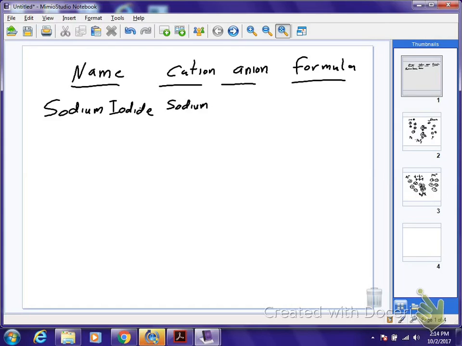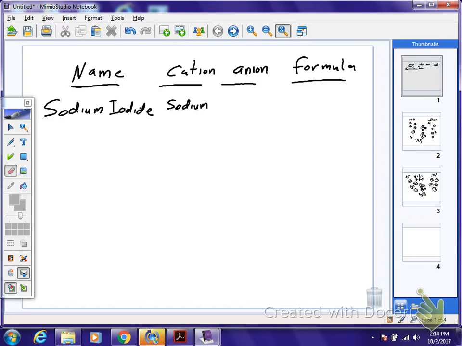I'm just going to go ahead and write the symbol for sodium. So what I need to do is write Na plus 1. It's in the plus column, it's plus 1. I like writing plus 1. The anion's iodine, and it's minus 1.